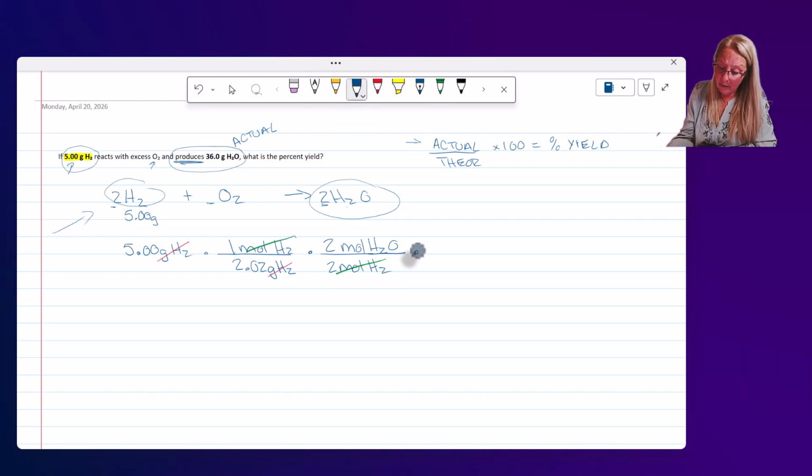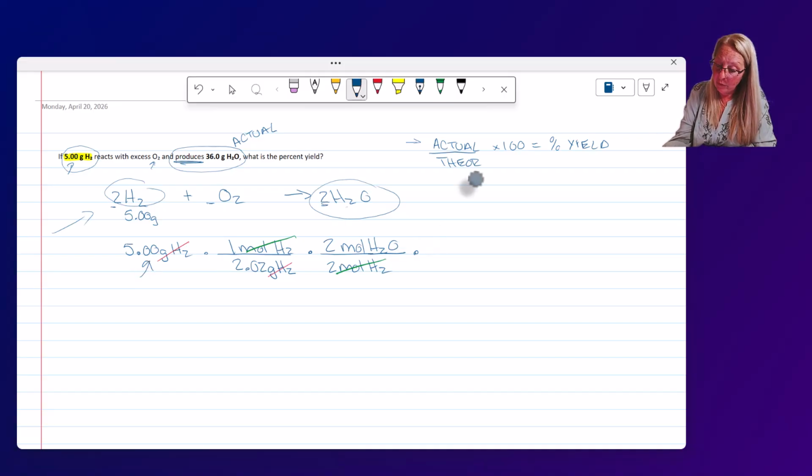So now what I need is my theoretical. This is to say, if I use all 5 grams, all of them little buggers, react with oxygen to produce the total amount of water they can produce, then this is what it would make. So let's see. Now I have moles.